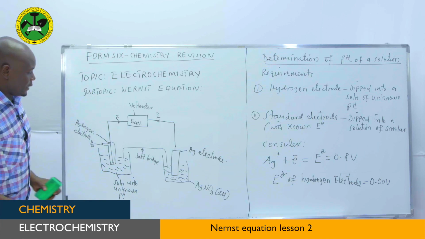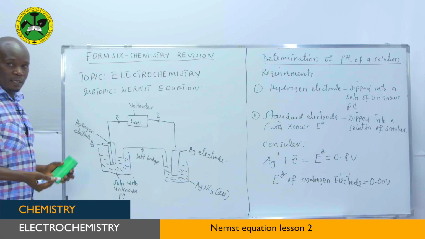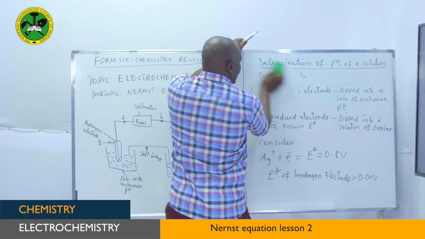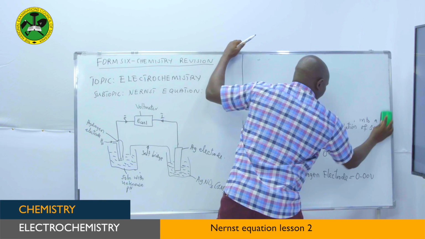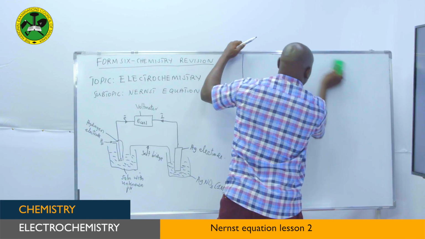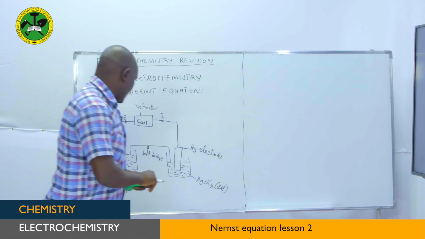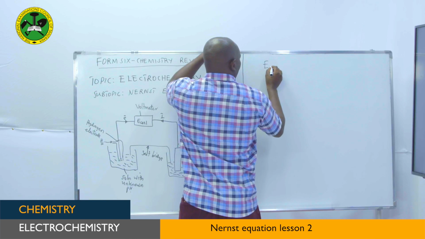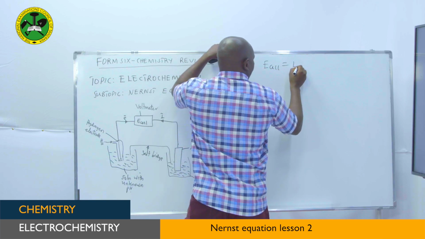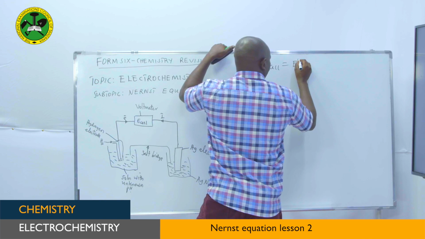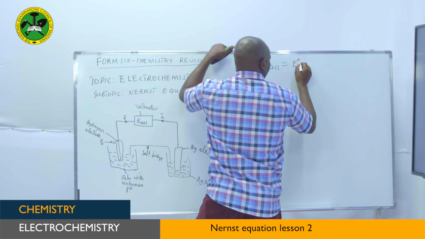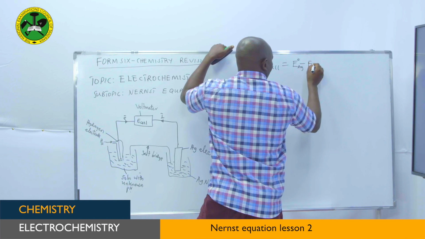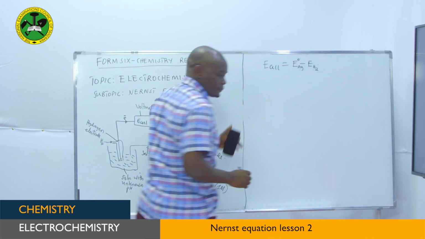So let us now consider how we determine the EMF of a cell, which means that we can go back to the application of the Nernst equation. In our example, the E of a cell is determined by taking E of silver minus E of hydrogen.